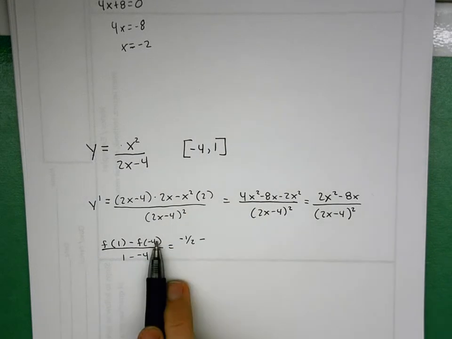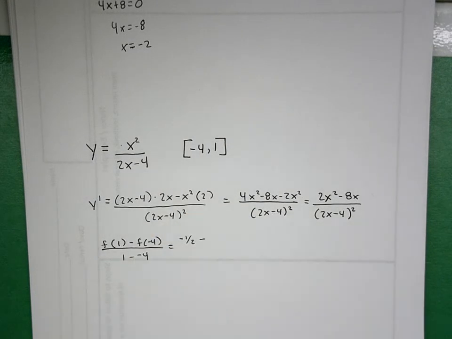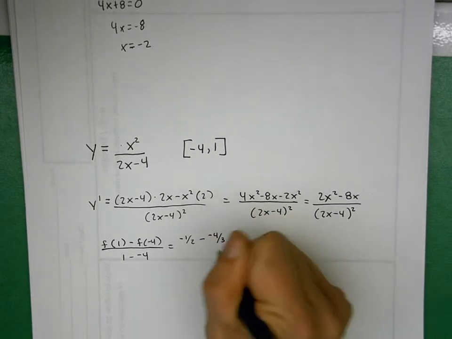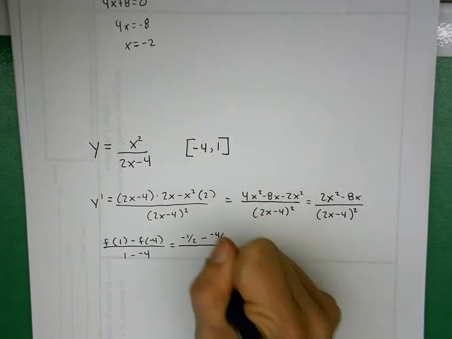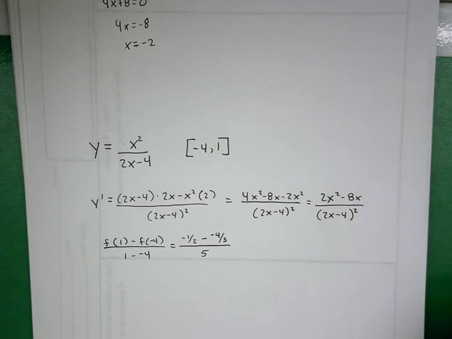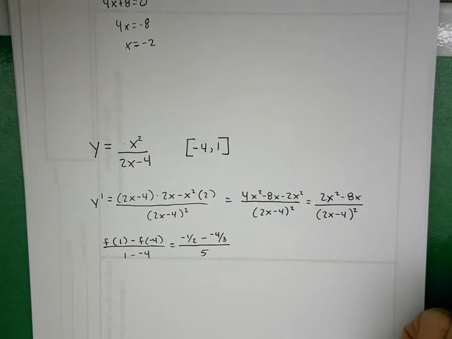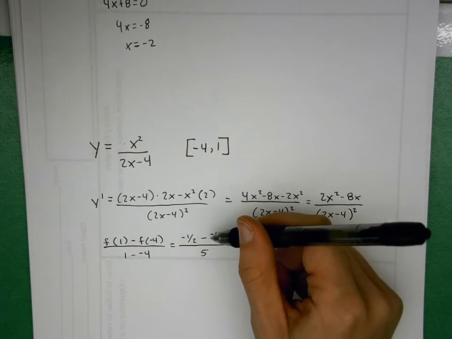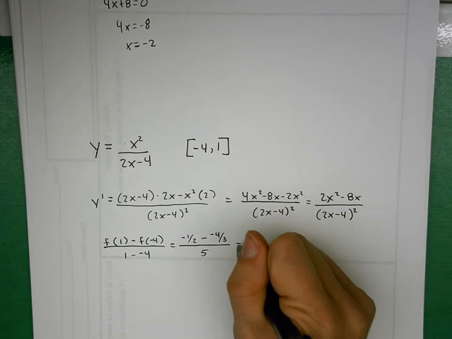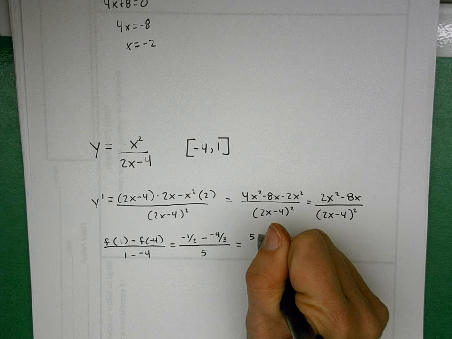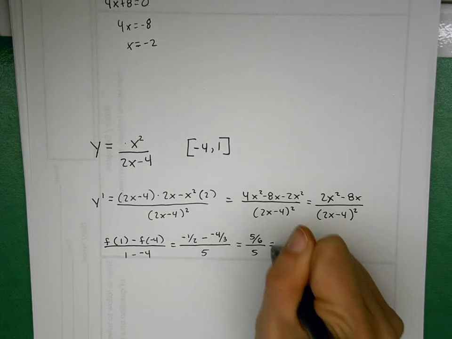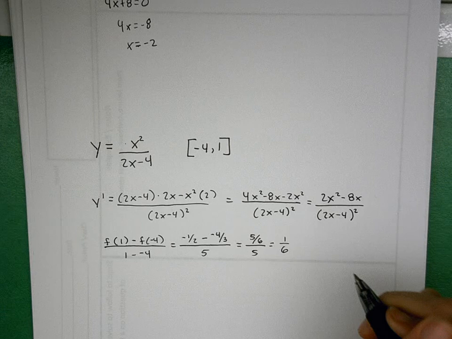And when I plug in negative 4, I get negative 4/3, all over my 1 minus negative 4. Okay. Negative 1/2 minus negative 4/3 is 5/6. And 5/6 divided by 5 is 1/6.